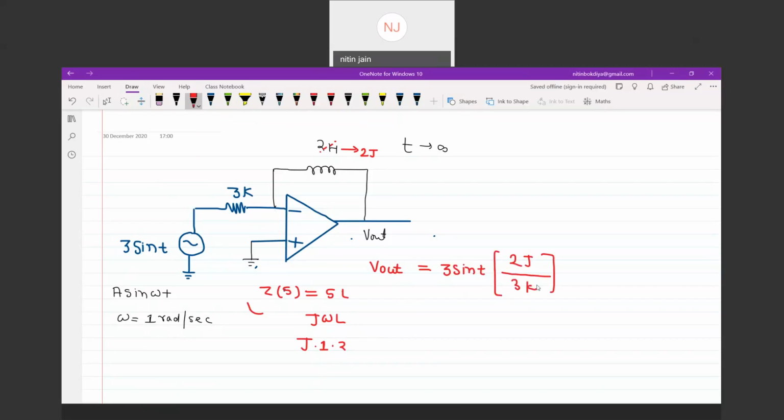So 3 kilo and 3 kilo cancel. V out for the circuit is equivalent to minus 2j sine t, and this is the correct answer.